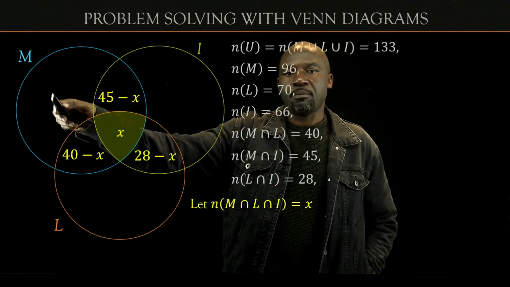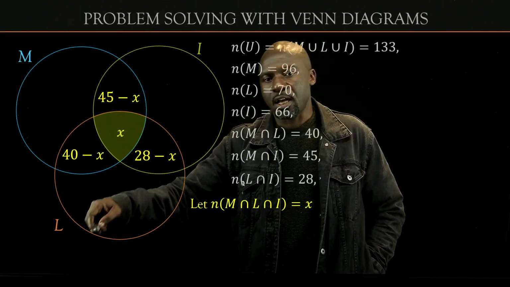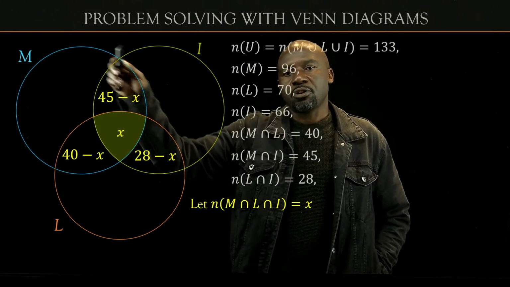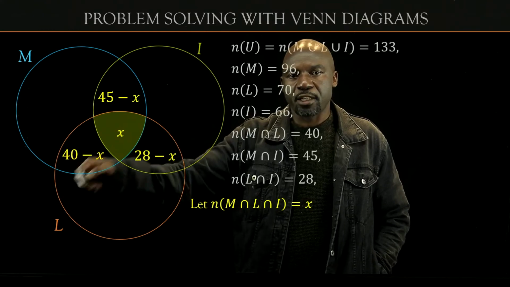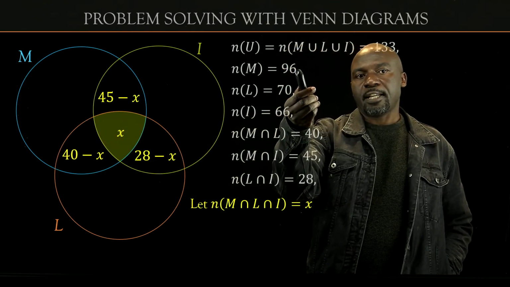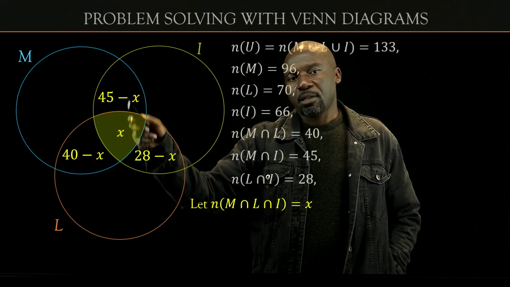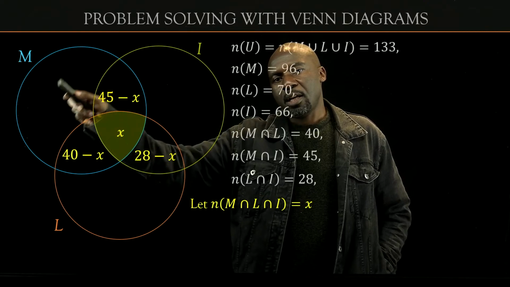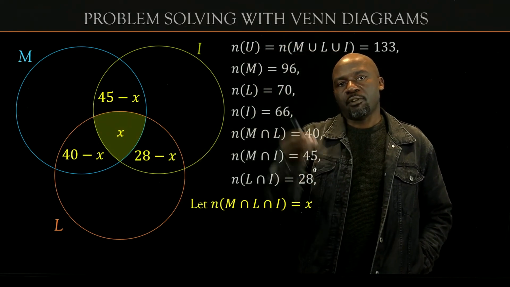If we were to find the number of members that own mining shares but don't have industrial and or oil shares, then we have to look at the total number of members that own mining shares, which we know is 96. And so I know 96, subtract this bit here, subtract that bit, and subtract that bit will give me the remainder, which is the number of members that don't own any of the other two shares.